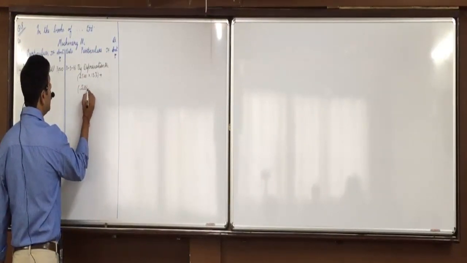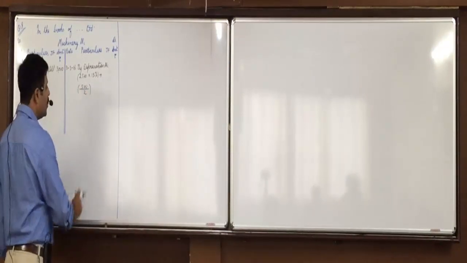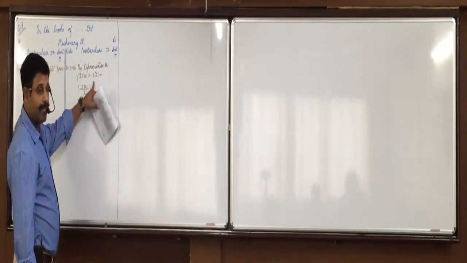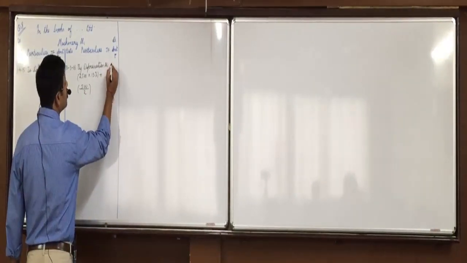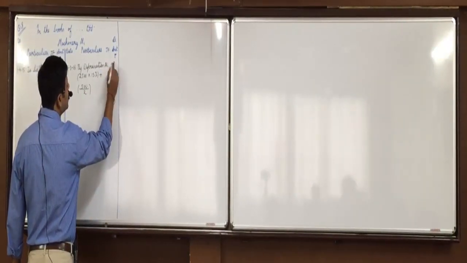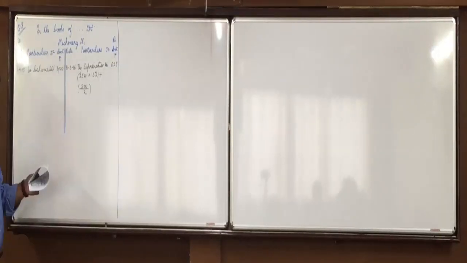So 500 divided by 2, that is 250. Now 2,500 into 15% is 375. Plus 250, 375 plus 250 is 625. Did everyone understand? Then give comment.